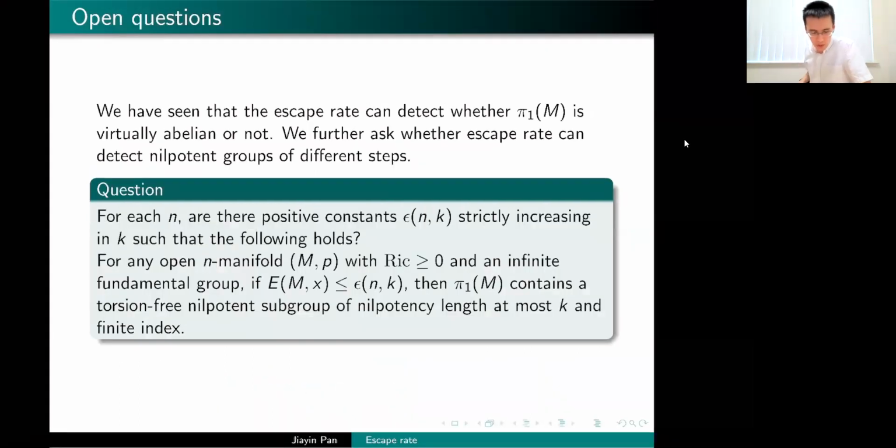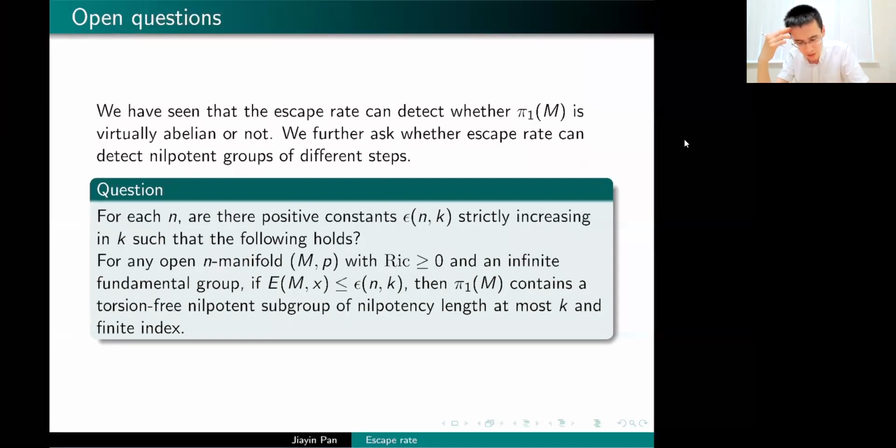So the next question is: we have seen that this escape rate can detect whether the fundamental group is virtually abelian or not, right? If the escape rate is sufficiently small, less than some universal constant epsilon_n, then the fundamental group will be virtually abelian.